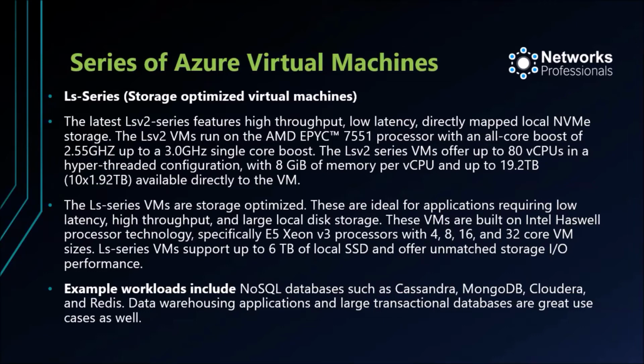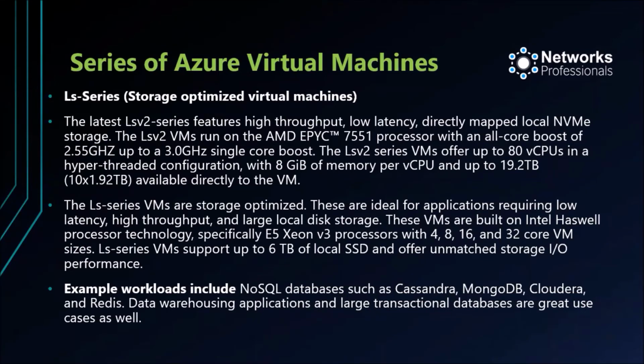The LS version 2 series VMs offer up to 80 virtual CPUs in a hyper-threaded configuration with 8 GB of memory per virtual CPU and up to 19.2 TB available directly to the VM.